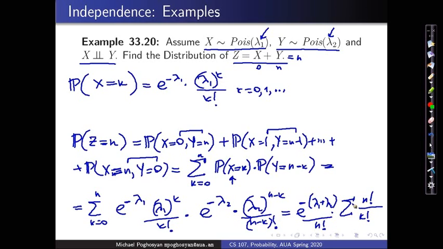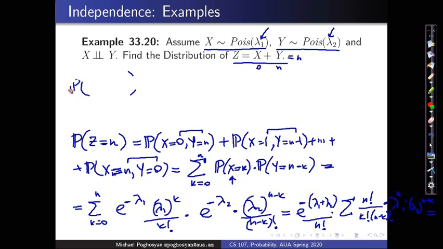So I'm not changing anything, multiplying and then dividing by n factorial. I am almost done.